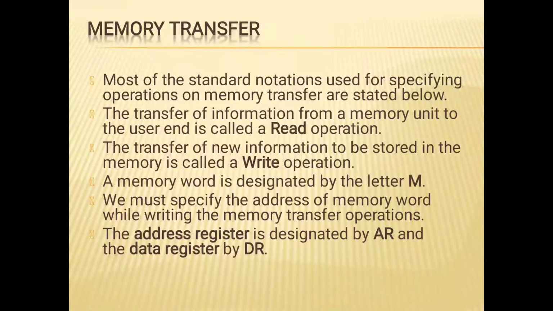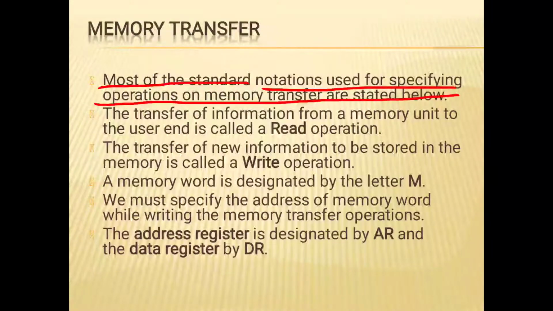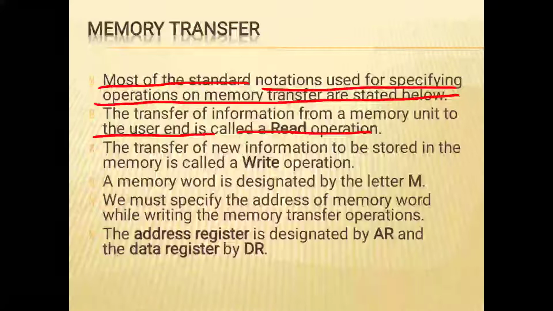Most of the standard notation used for specifying operations on memory transfer is stated below. The transfer of information from a memory unit to the user end is called the read operation. We know that whenever we talk about memory, it has two major operations: one is read, another is write.